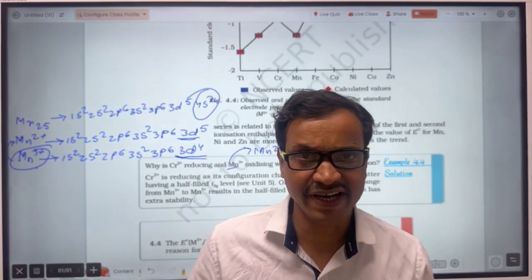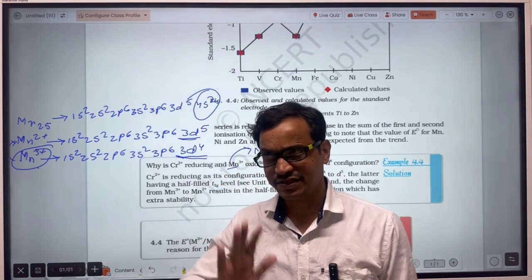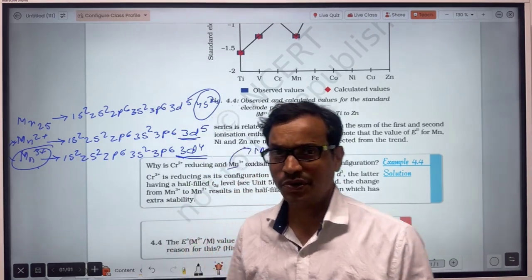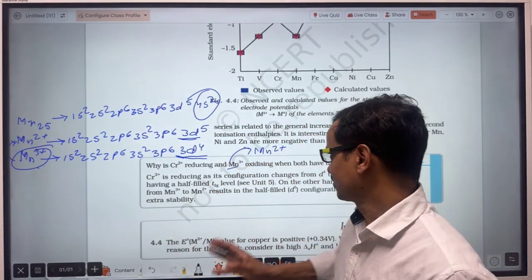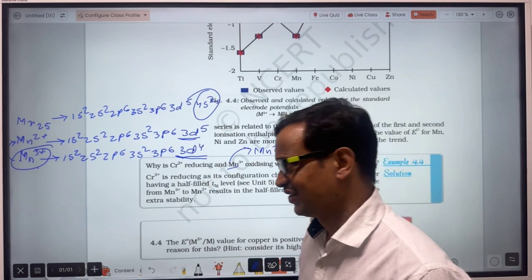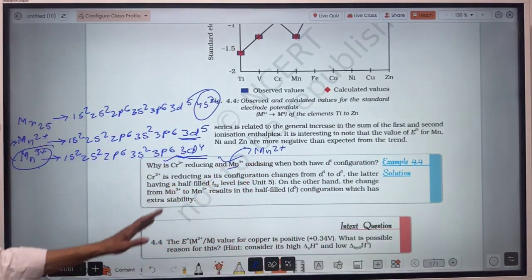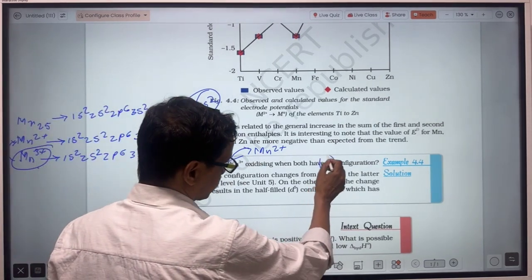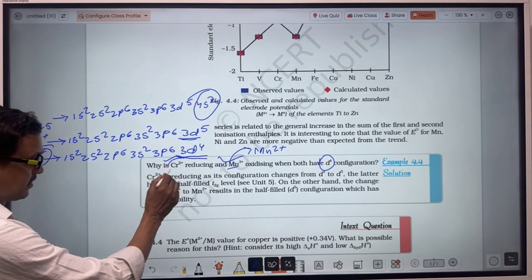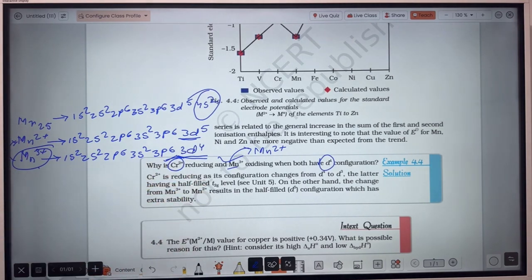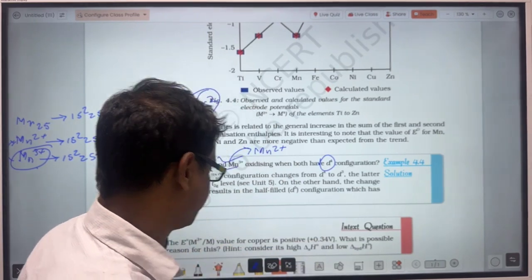When Mn3+ gets reduced, it oxidizes another element, so it acts as an oxidizing agent. So although Cr2+ and Mn3+ both contain 4 electrons in the d orbital, chromium Cr2+ acts as a reducing agent, while Mn3+ acts as an oxidizing agent.